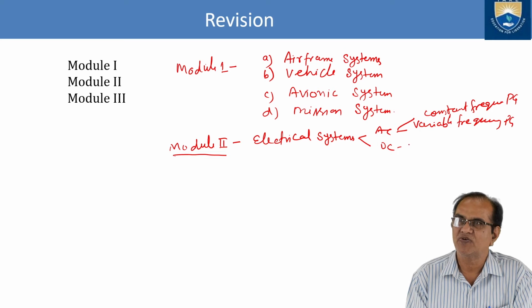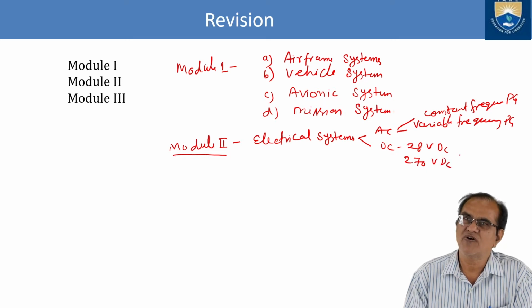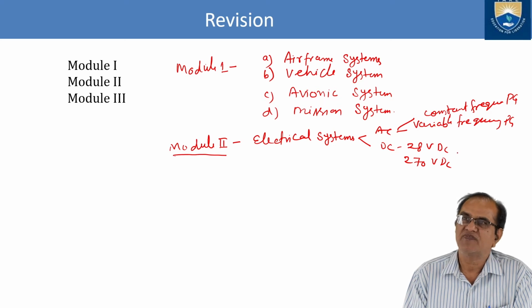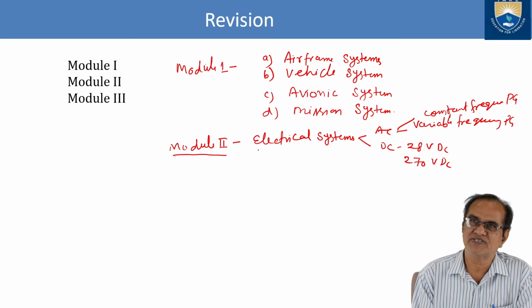In DC we have 28 volt DC and 270 volt DC. We have also seen different control systems and different safety devices. These are all things we have discussed in the electrical system.